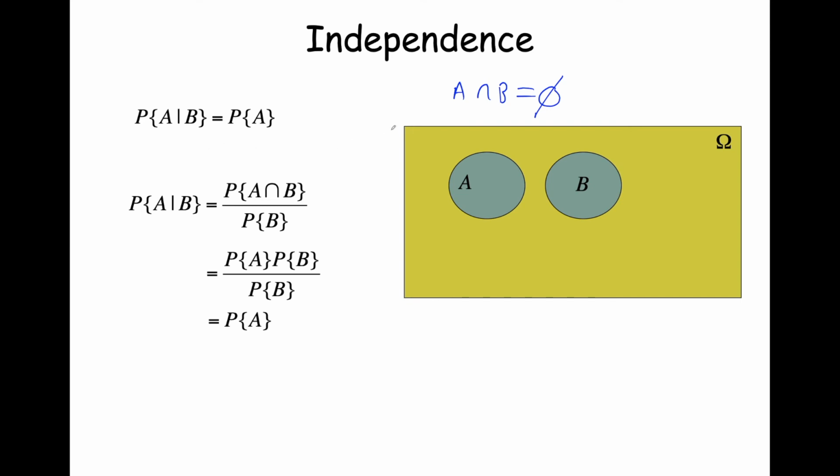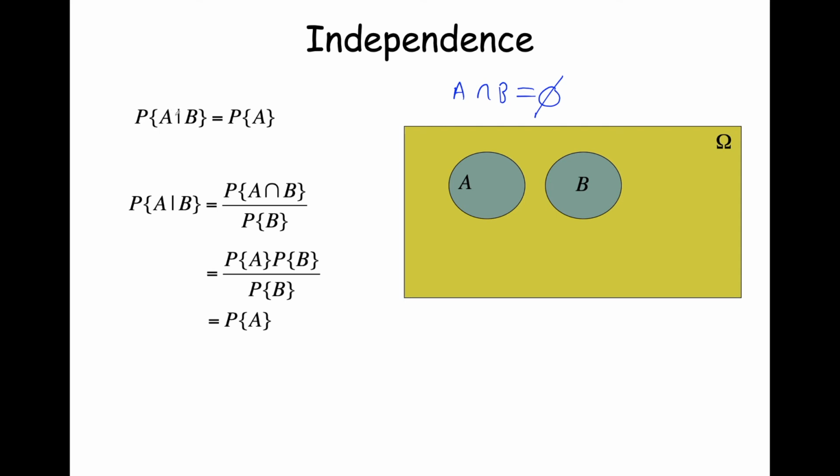So if we look at a definition for what independence is, we can define what independence means between two variables or vector of variables using conditional probability. It says that the probability of A given B, if A and B are independent, is equal to just the probability of A. So what does that mean? It says knowing B tells you no information about A.